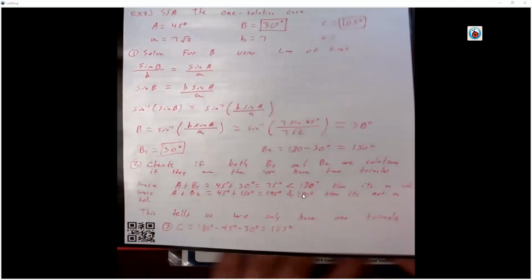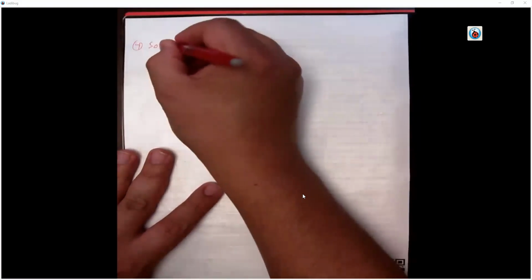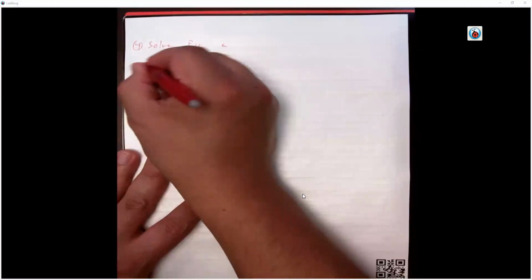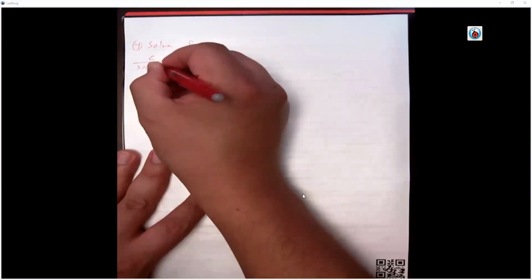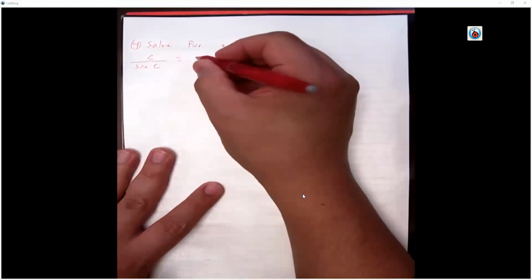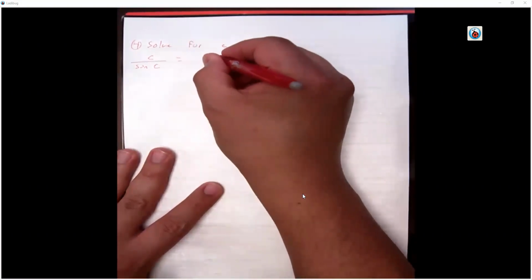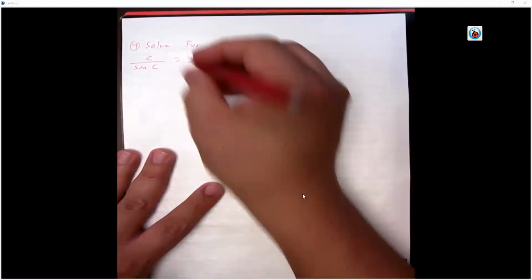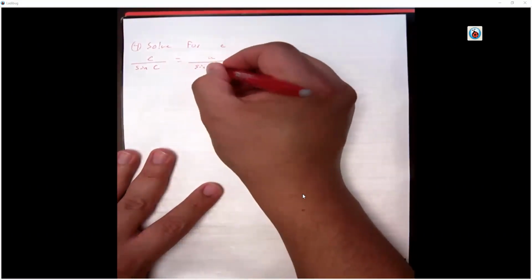All right, so let's find a little c. Solve for c. So start with sine C over sine C, capital C, set it equal to any of the stuff you have. I'm going to choose the one they gave us to begin with just because it makes me feel better.